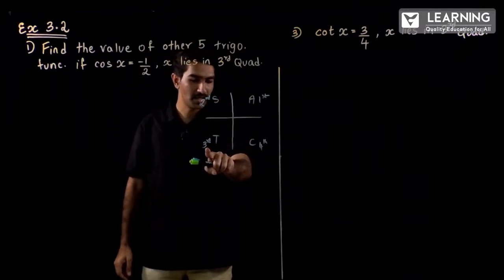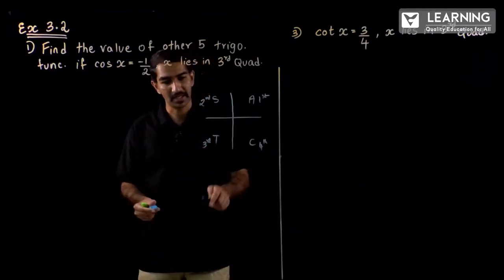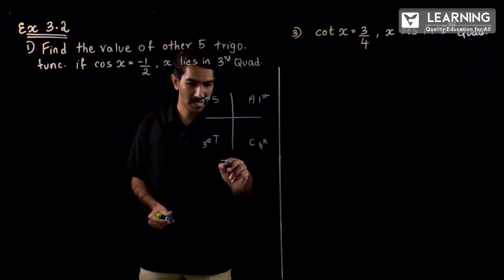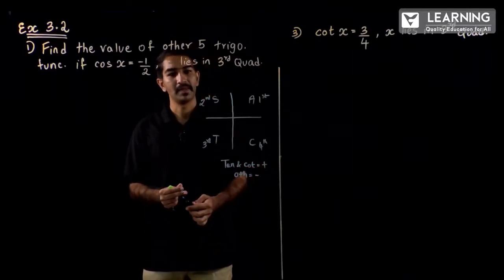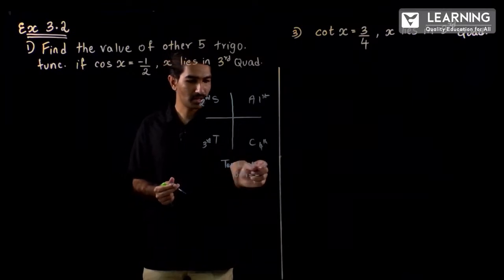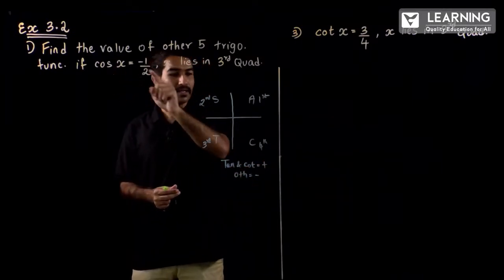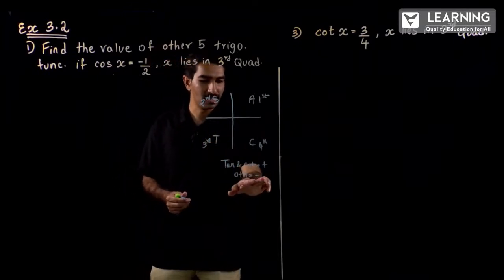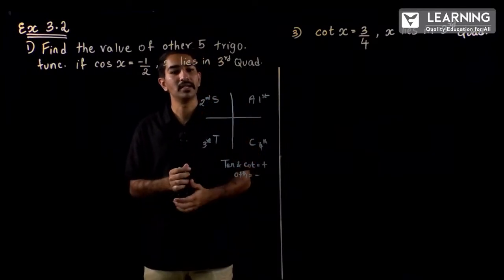Which letter do we have in the third quadrant? We have T. This T represents tan and its inverse, that is cot, are positive, others are negative. So that is why you see tan and cot are only positive. Others means cos, sine, cosecant and secant are negative. So we can see here cos x is equal to minus 1 by 2 because x lies in the third quadrant.